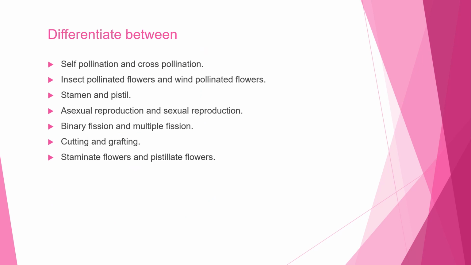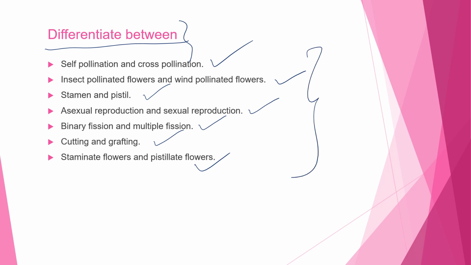Now comes differentiate between. This is another important column which comes in your exam. That is self-pollination and cross-pollination, insect pollinated flowers and wind pollinated flowers, stamen and pistil, asexual reproduction and sexual reproduction, binary fission and multiple fission, cutting and grafting, staminate and pistillate flowers.